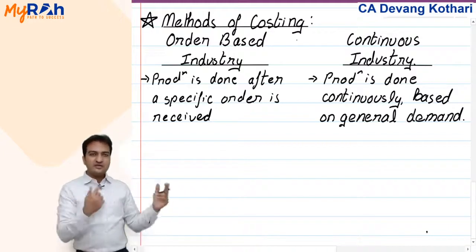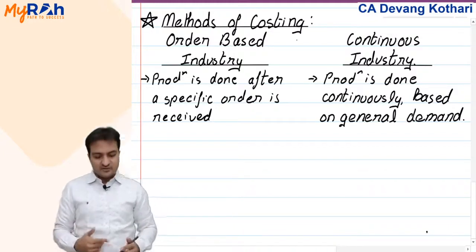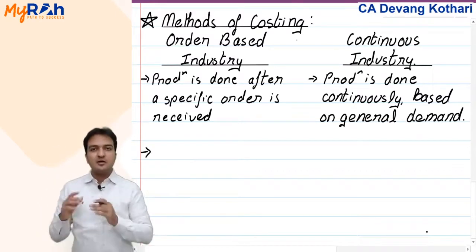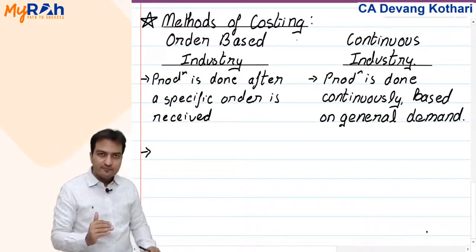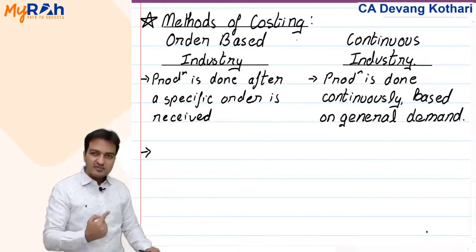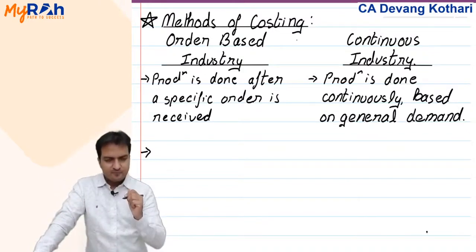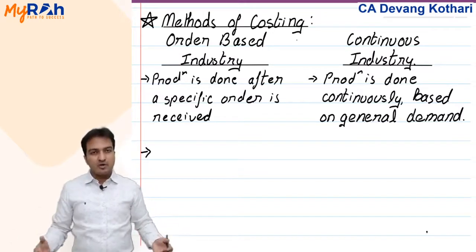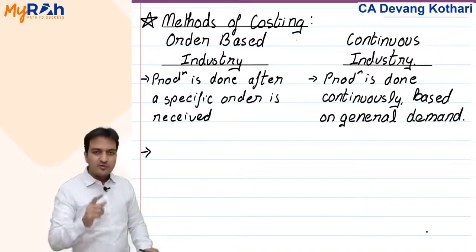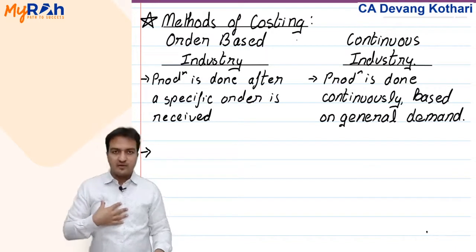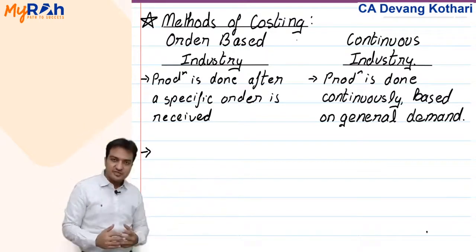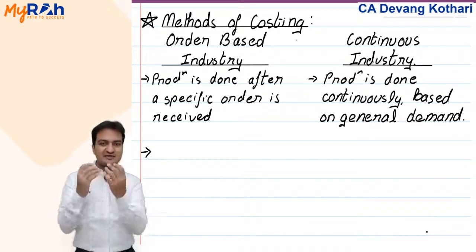Okay, now based on this, another major difference here. In case of order based industry, if the production is done based on a specific order, that is why every product that I make will be different. Because if I am the tailor, you give me an order for stitching a sherwani, then the next person who gives me an order for stitching a sherwani, will that be of the exact same design?